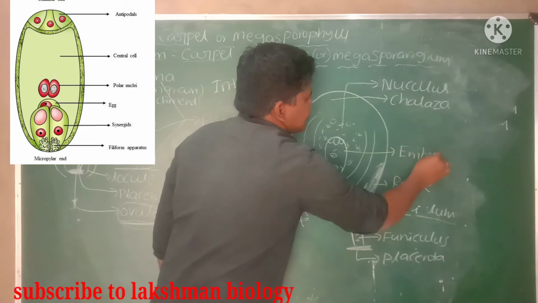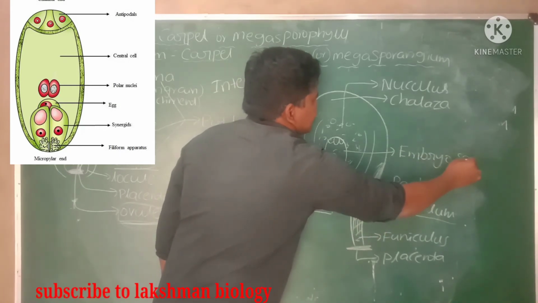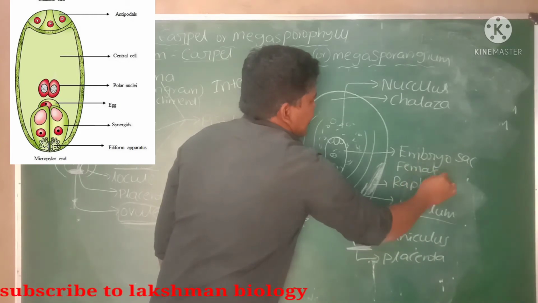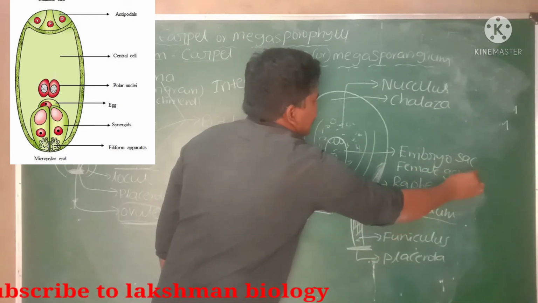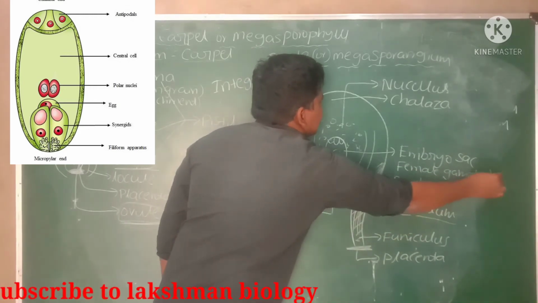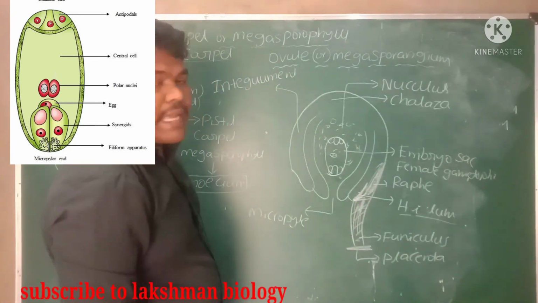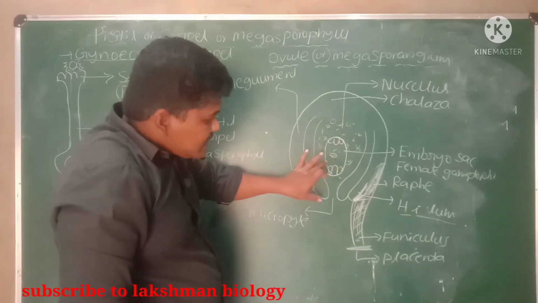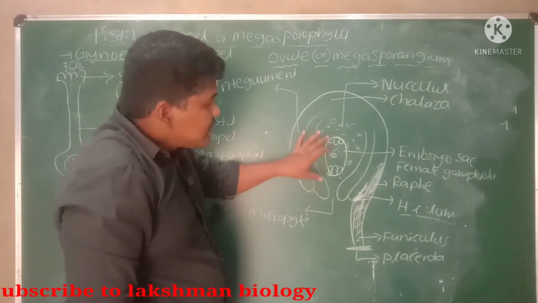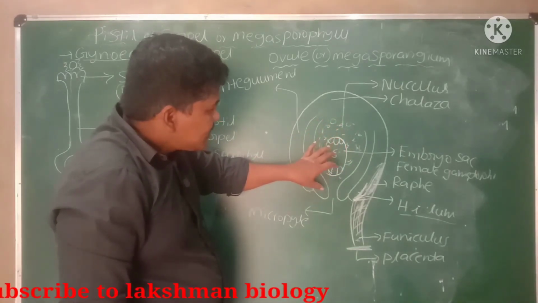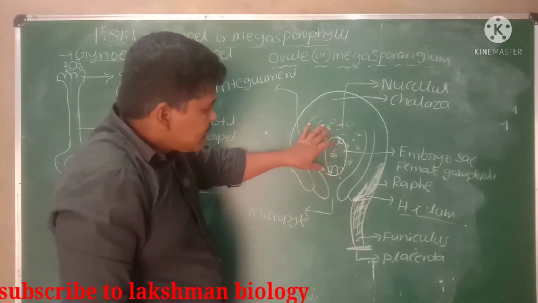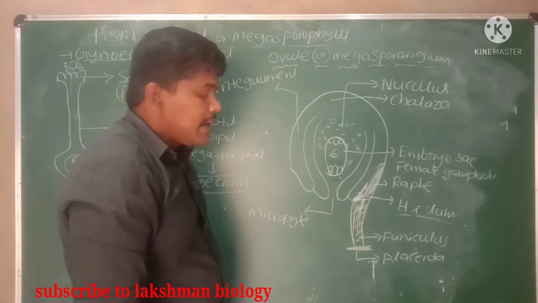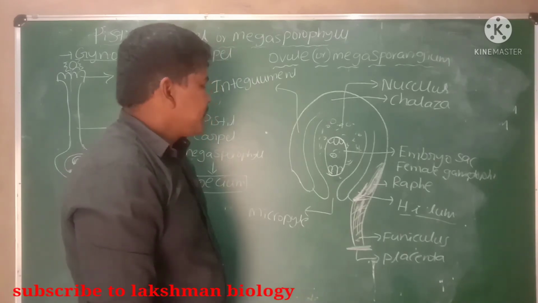Embryo sac or female gametophyte. Surrounding the embryo sac you can see nucellus cells. The nucellus provides nutrition for the developing embryo sac.